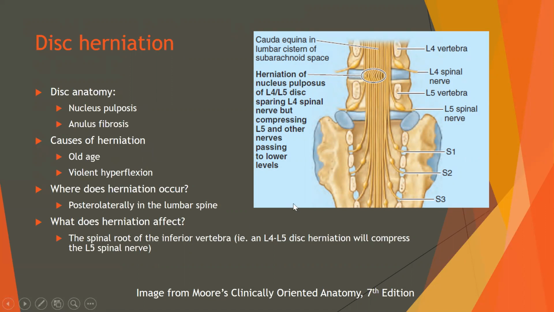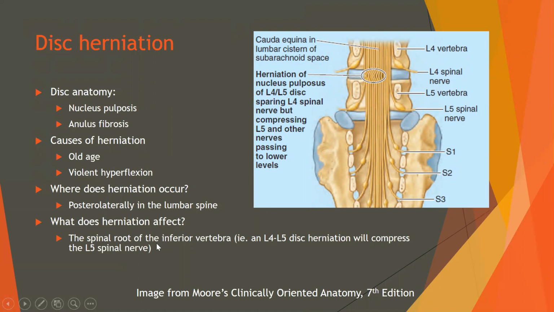Herniations occur posterolaterally in the lumbar spine. If you imagine, that's usually around this area here or this area here. As you can see, it's rarely in the midline, and that's because it doesn't happen anteriorly, since you've got your anterior longitudinal ligament there, which is really thick and covers the whole thing, so it can't break through there. Your posterior longitudinal ligament is much thinner and covers the midline, so it just herniates around that.